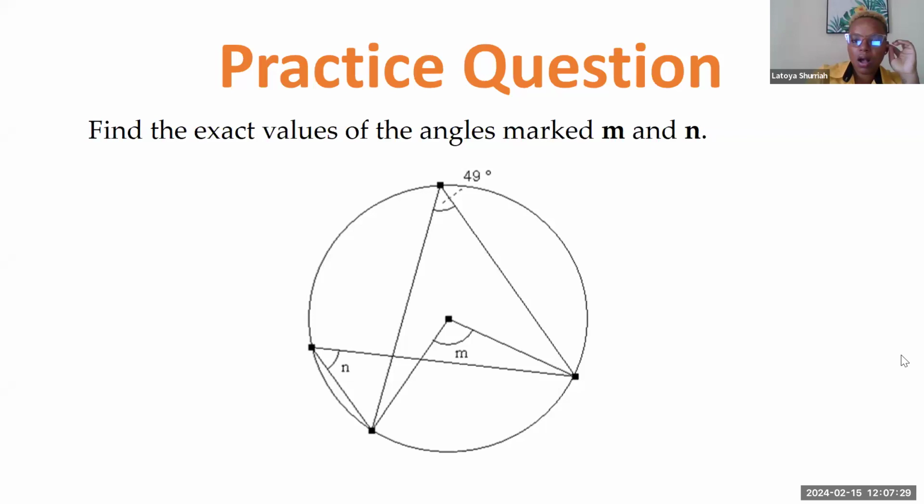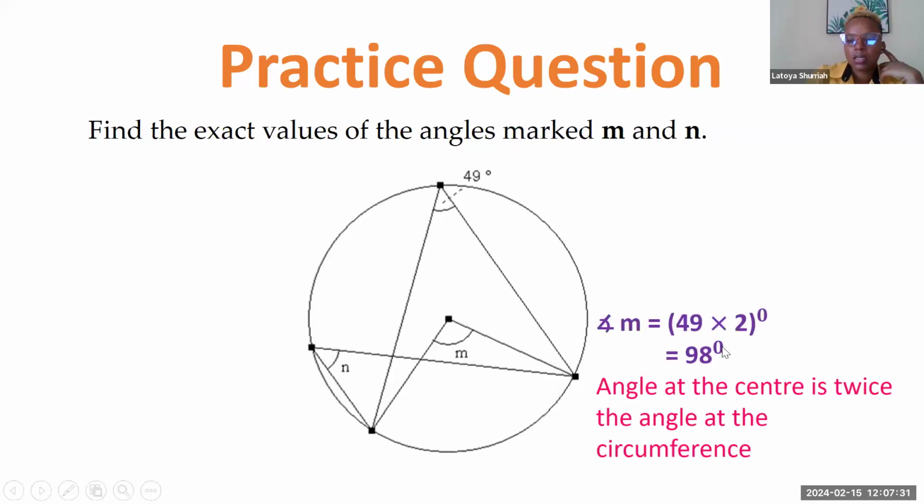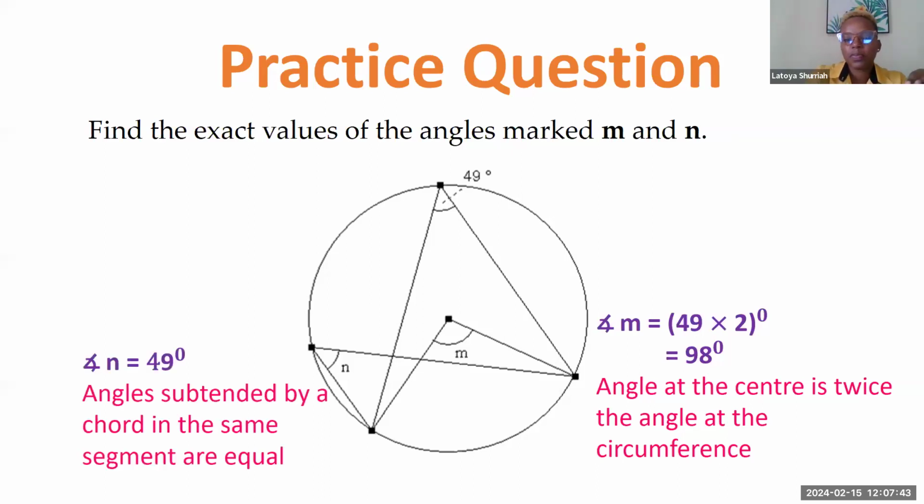So if you got M to be 49 by simply multiplying by 2 because the angle at the center is twice the angle at the circumference, awesome.